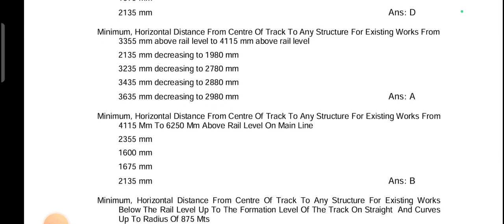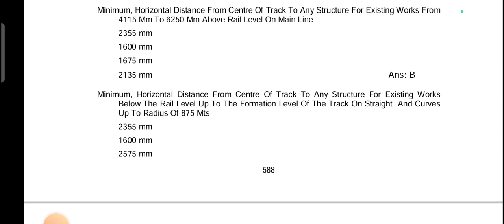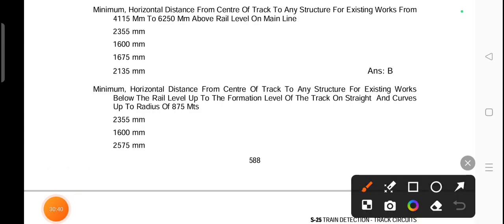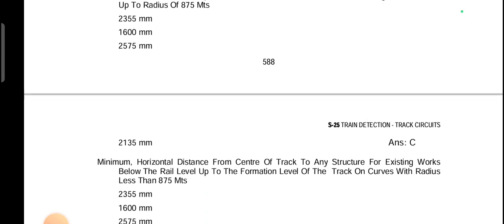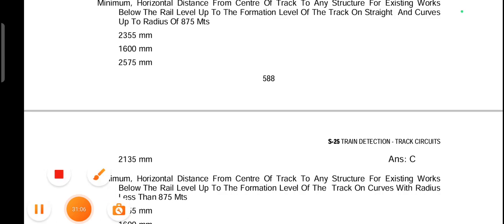Next, minimum horizontal distance from center of track to any structure for existing works from 4115 mm to 6250 mm above rail level on main line: 1600 mm. Minimum horizontal distance for existing works below the rail level up to the formation level of the track on straight and curves up to radius of 875 meters: 2575 mm.